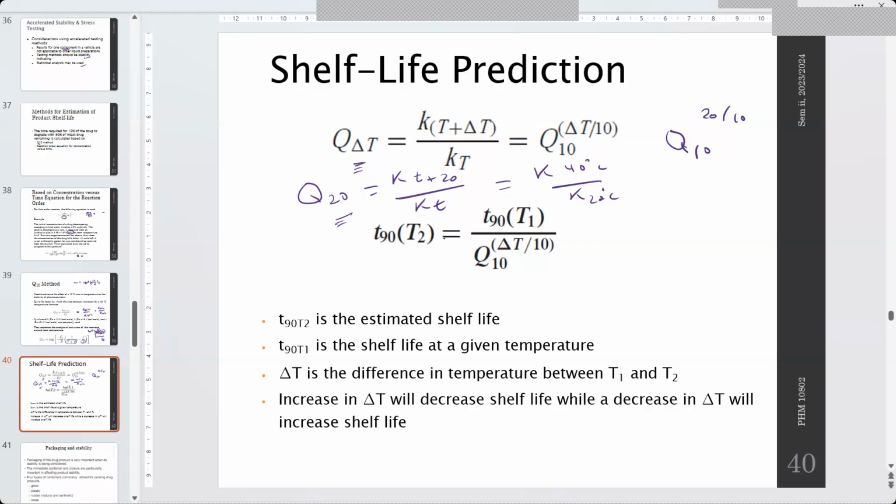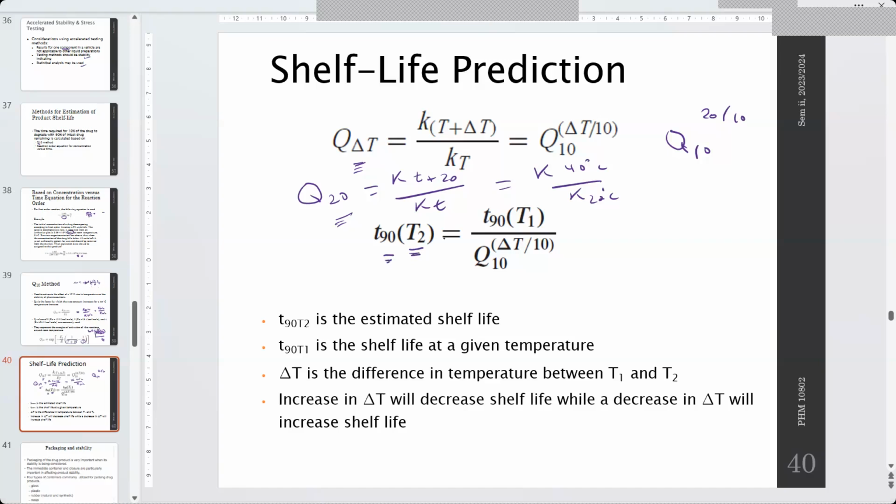Okay? Then how to calculate from Q10? If you know the Q10, then T90 at certain temperature is the time to reach 90% of the content at temperature 1 divided by Q10 to the power delta T divided by 10.